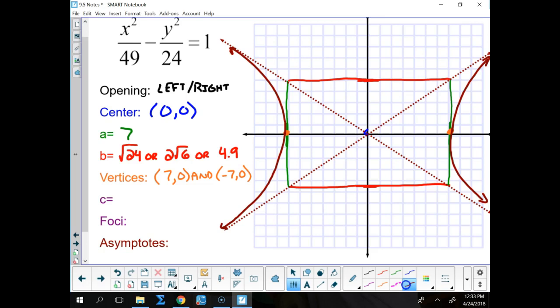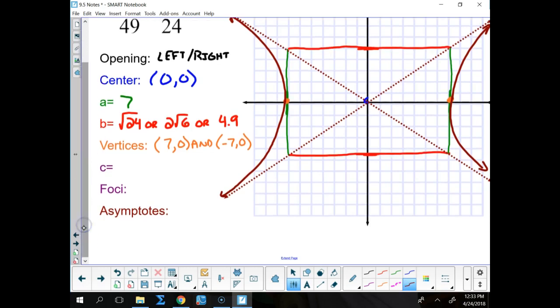Okay. Asymptotes. What is the slope of said asymptotes? B. So what's B? I can't put a decimal inside my fraction, so we're going to go 2 square roots of 6.